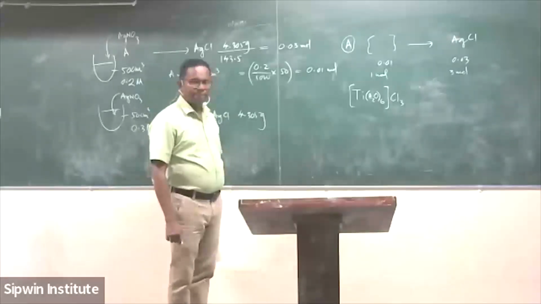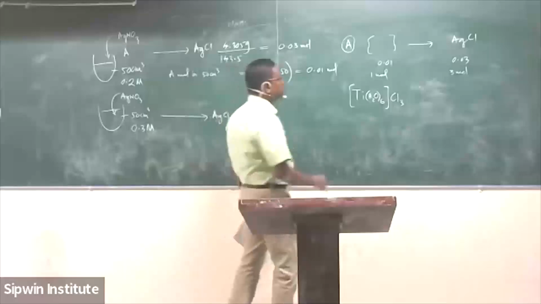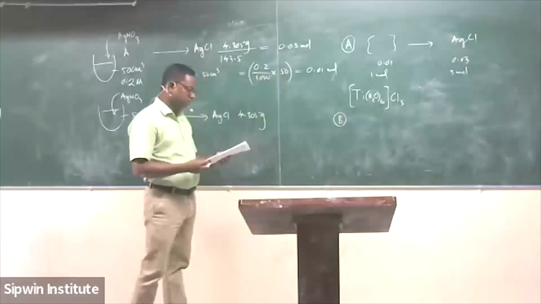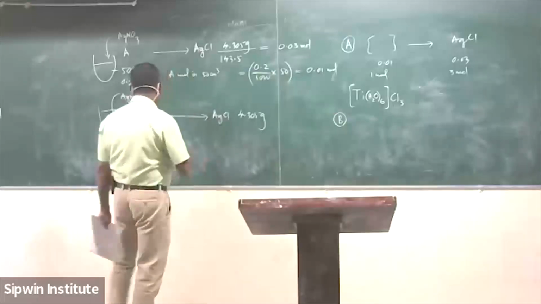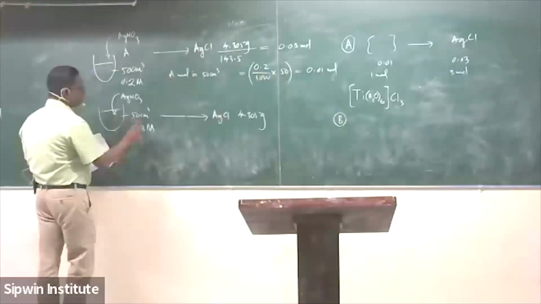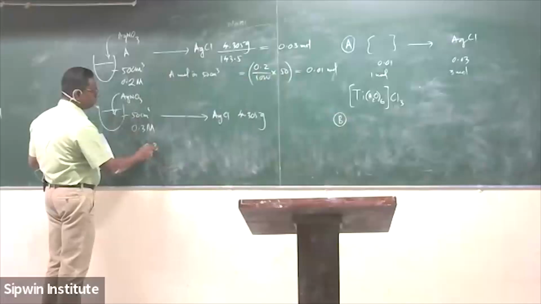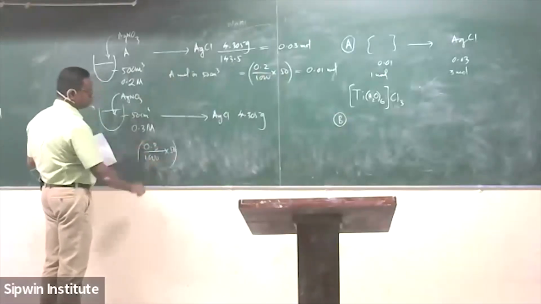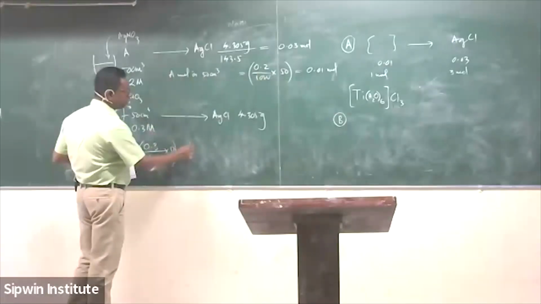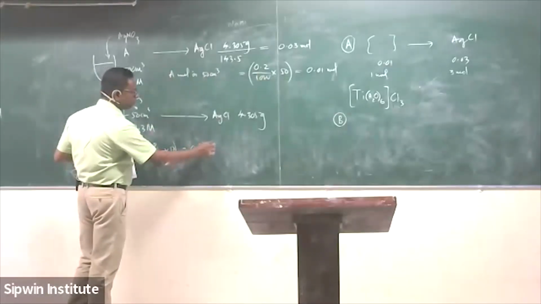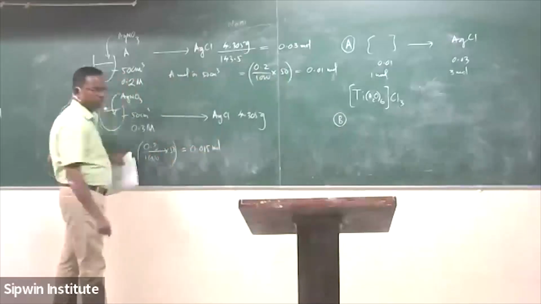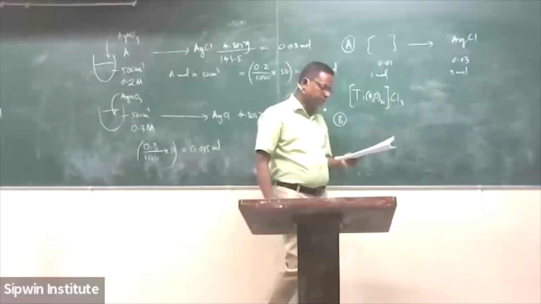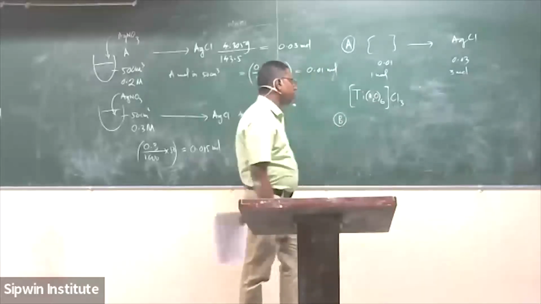Structure of B. Here it is 0.3 times 50, which gives 0.015 moles. Earlier it was 0.01, so this is different. The other one is again 0.03.